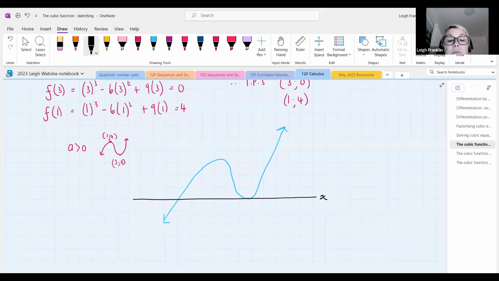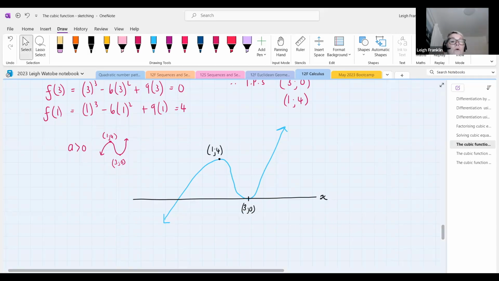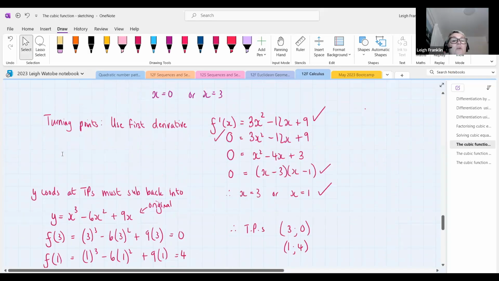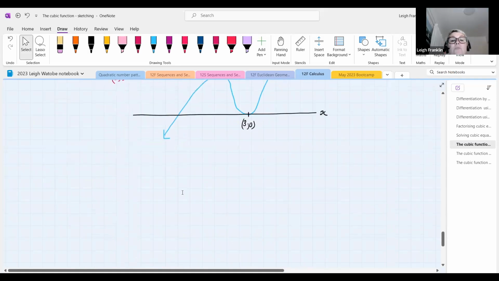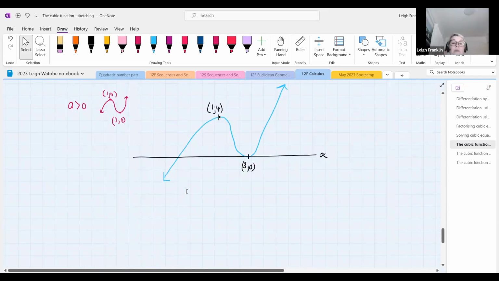This point over here is the point (3; 0), and this point is (1; 4). Now we have to consider what our y-intercept was. Remember it was 0, so this graph goes through the origin as well.